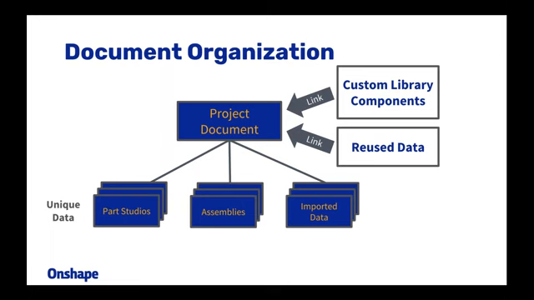They don't change often, and it makes sense to just put them into a document for custom library components, right? So think of all those things that you interact with on a daily basis that generally don't change. A lot of times they're imported models that come from a manufacturer or some kind of resource, and they generally don't update, right? And occasionally they do, there are new models, but for the most part, they're relatively stagnant designs. Those should be in their own document, right?